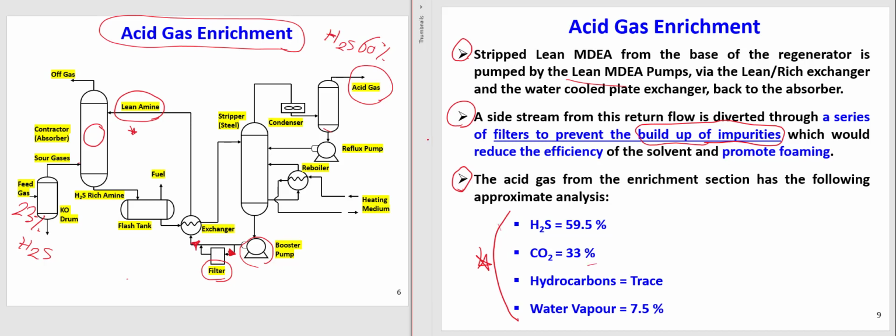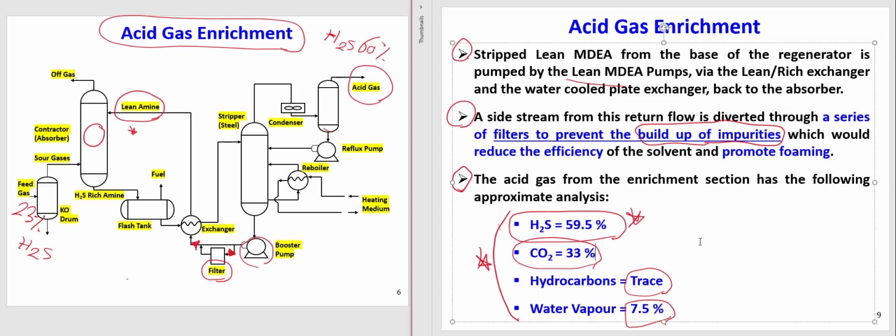And you see that it still has a high amount of CO2, but it doesn't have that much hydrocarbon. And the water content is almost the same, it doesn't change a lot, which is also not very problematic. But the most important thing is that we reach the specification for H2S that we need for the sulfur recovery unit or Claus process.